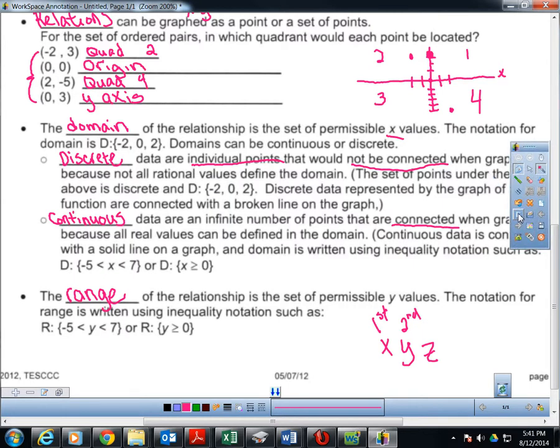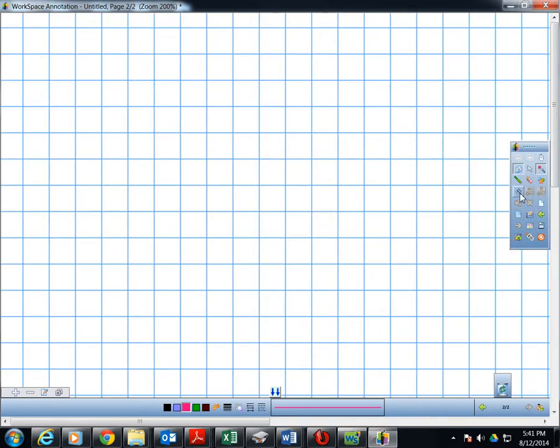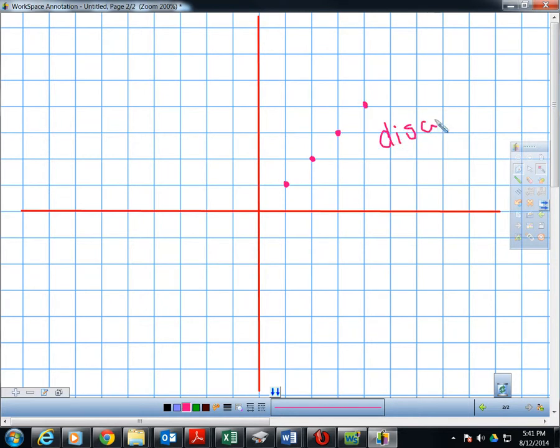So, for instance, a discrete graph, let me draw axes real quick. A discrete graph is going to be where you have separate data points. We use this when we don't know the numbers in between. Okay, that's important. Or if you can't measure what's in between.